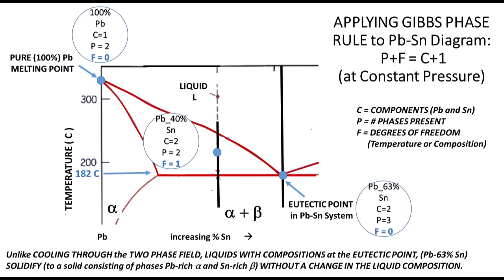So a liquid cooling through the eutectic composition reaches an invariant point where at one temperature, 183 degrees C, the liquid and two other solid phases, alpha and beta, all coexist. Three phases coexist at that temperature. However, when you think about it, this is very much like the melting of a pure element in that all the transformation from liquid to solid occurs at a single temperature.